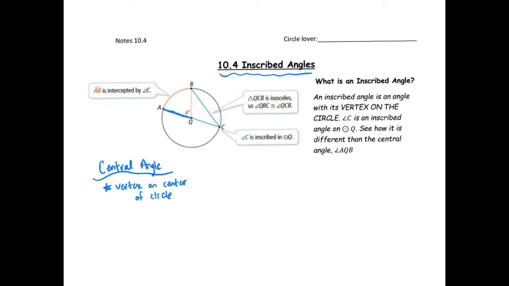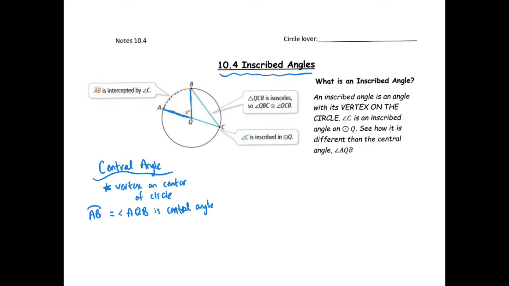This right here is a great example of a central angle. So angle AQB is a central angle. And what we know about the central angle, it's equal to whatever its intercepted arc is. So it would be equal to arc AB.